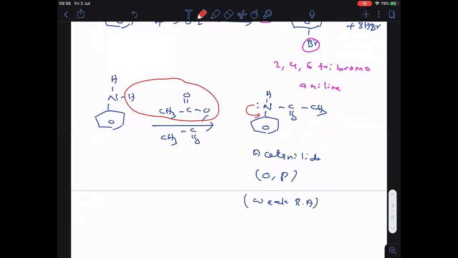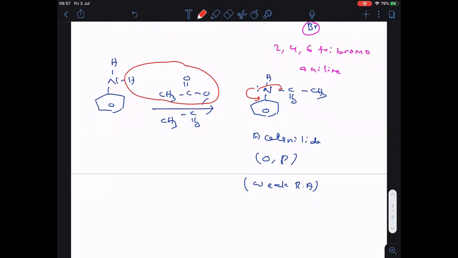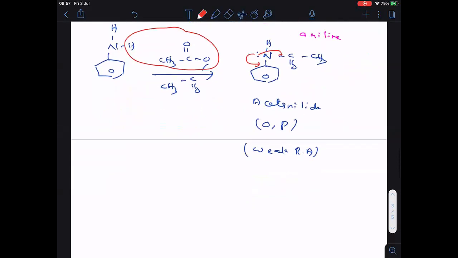At the same time, this lone pair is in conjugation with the pi bond of oxygen also. Therefore, its lone pair donating tendency decreased. That is the reason why it is a very weak ring activator.